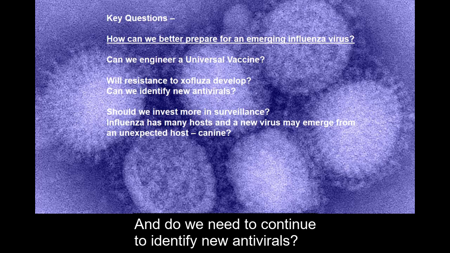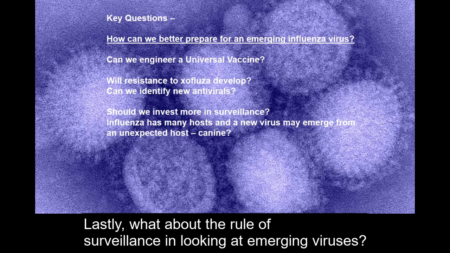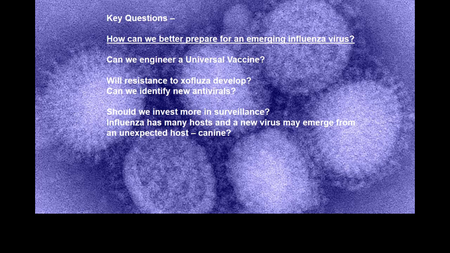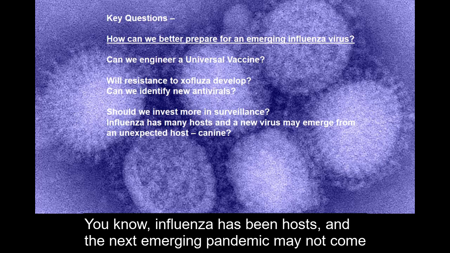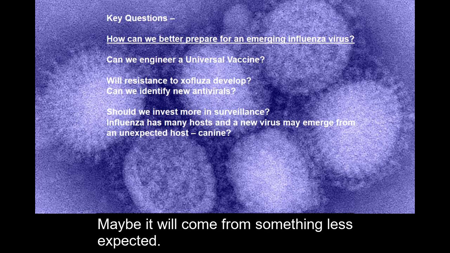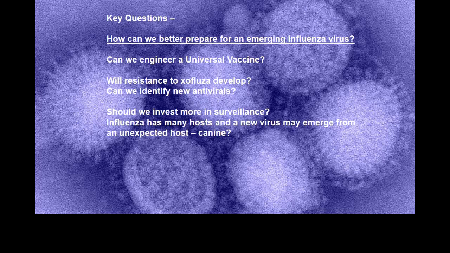And do we need to continue to identify new antivirals? Lastly, what about the role of surveillance in looking at emerging viruses? Influenza has many hosts, and the next emerging pandemic may not come from the expected host. Maybe it will come from something less expected.